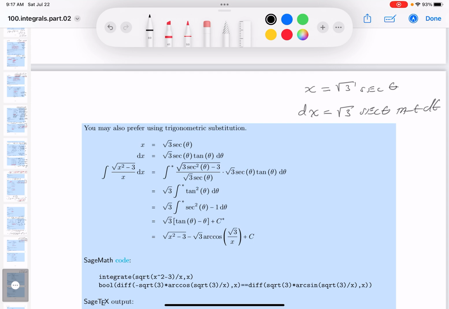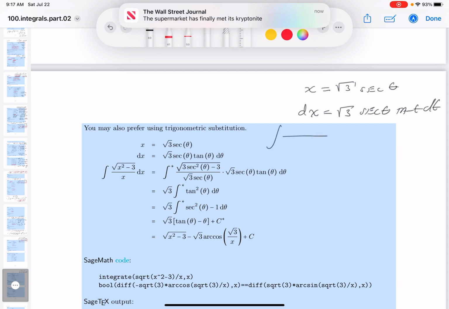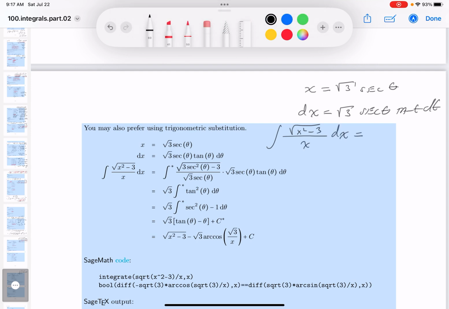And I've got to make a substitution, and the substitution is going to go into this thing over here. Let's take a look at that. I'll put a little star over here. And what's x? It's root 3 secant. Okay?